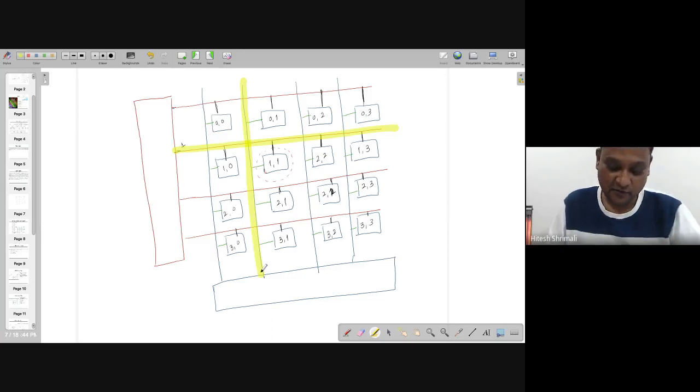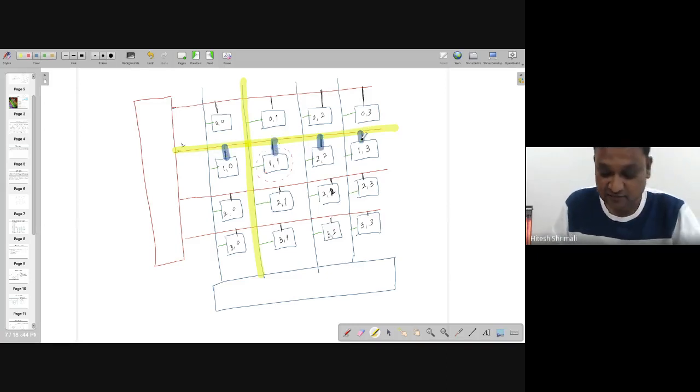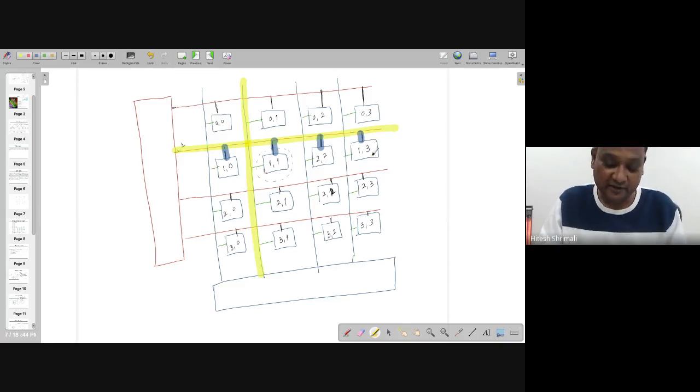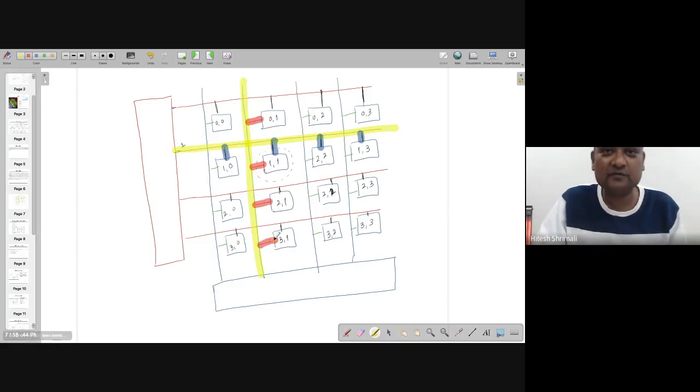Right? Note that when you are doing this, this horizontal line makes connection with these three. This particular guy does not know which is going to be the value I'm going to read. It's going to be determined by this vertical line where it's making the connection with these four, right?